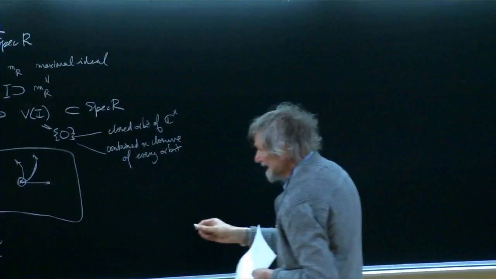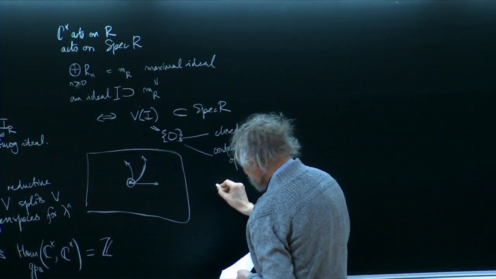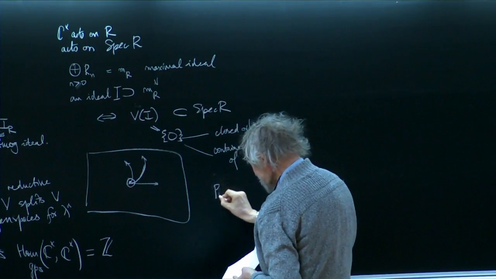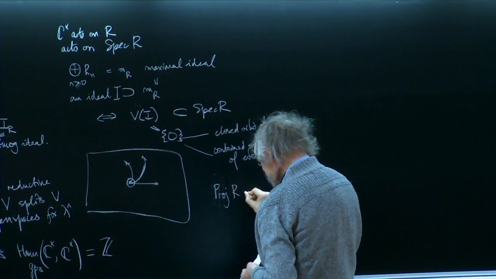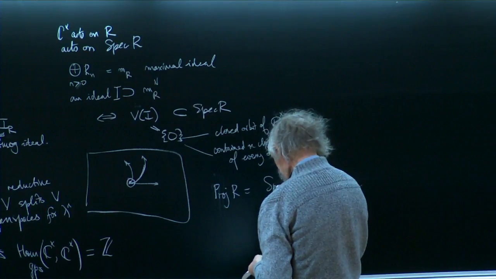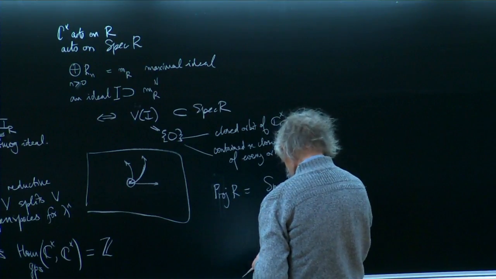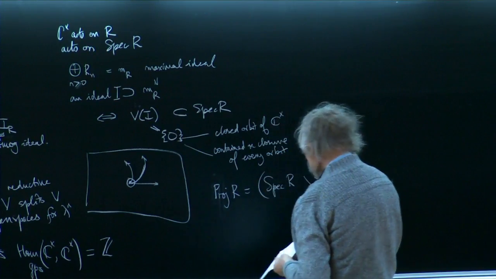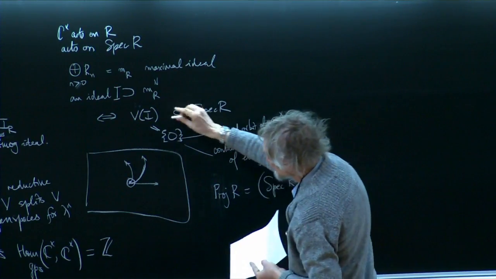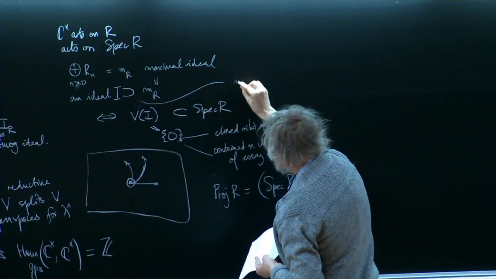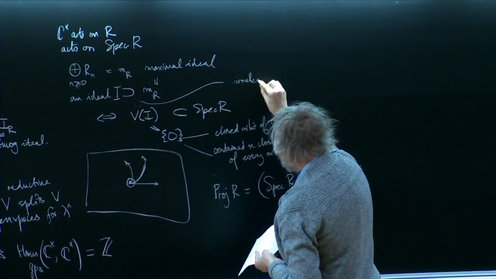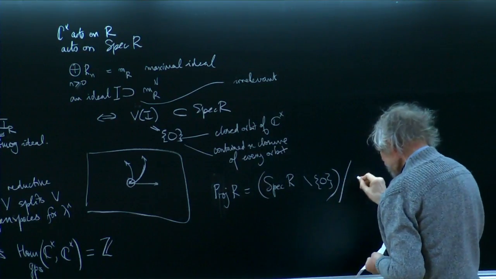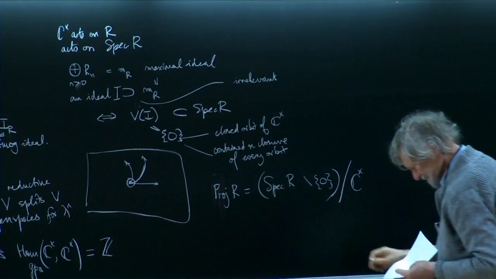In any case, the thing I'm going to do is define Proj R to be spec of R minus this irrelevant point. So this is called irrelevant. And then divide this by the action of C multiplicative.